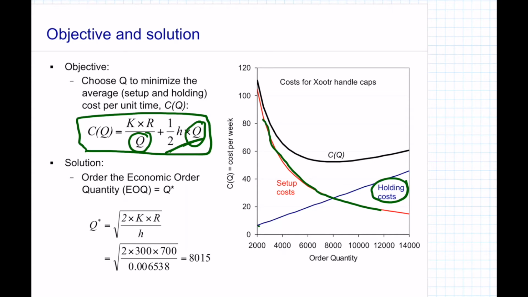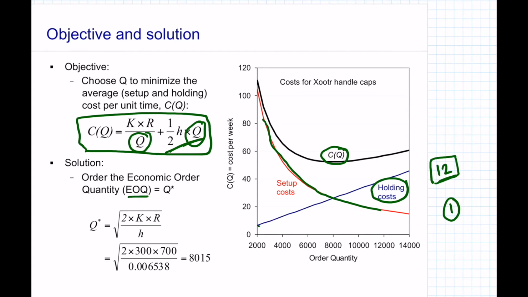For example, if orders are placed every month, there will be 12 orders during the year. But if only one order is placed throughout the year, obviously the setup cost or the ordering cost will be incurred only once compared to 12 times in a year. And the top curve, CQ, represents the total of the two costs.